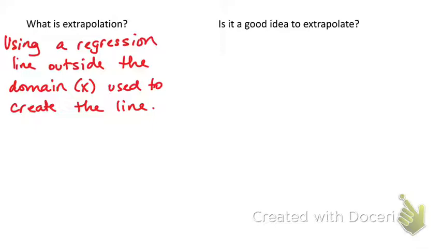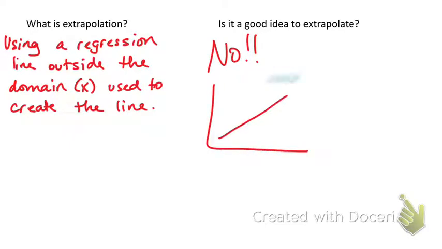No. The news does it all the time. Now, why is this a bad idea? Here's why. This is what we saw, and this basically goes to what Jack was saying. This is what we saw. But here's what happened. Our graph leveled off.